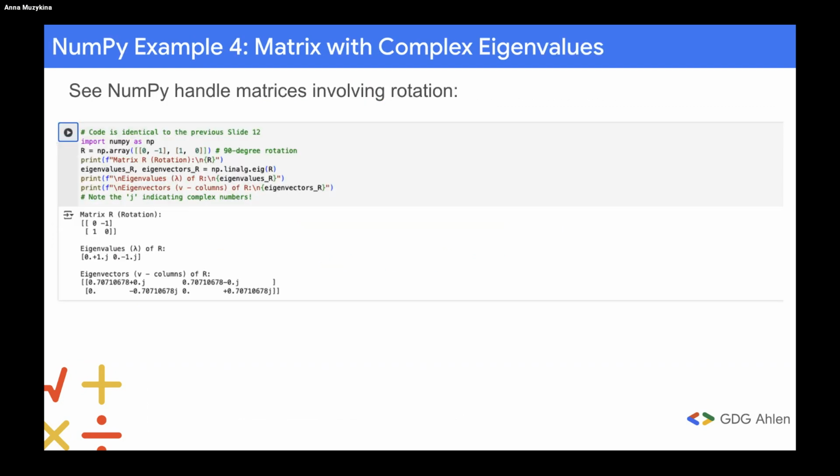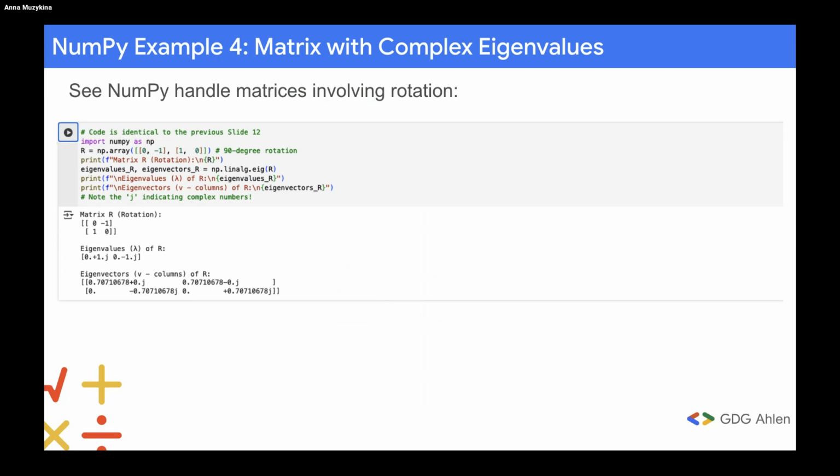Finally, let's revisit the case where eigenvalues might not be real numbers. Consider matrix R, which is a 2 by 2 matrix where the first row contains the elements 0 and -1, and the second row contains the elements 1 and 0.